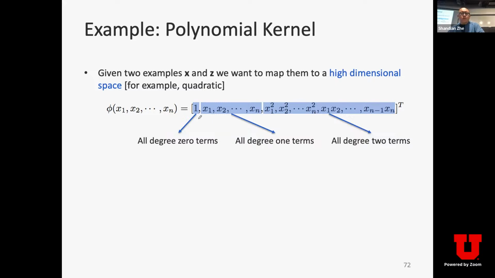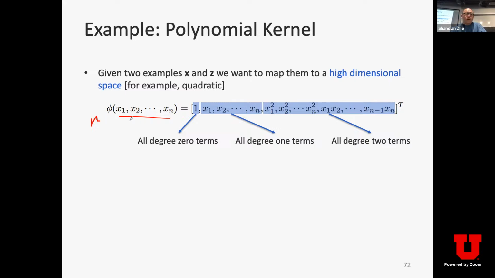Now I want to ask, what is the dimension after you perform this feature mapping? The original feature vector is n-dimensional. We can just count.